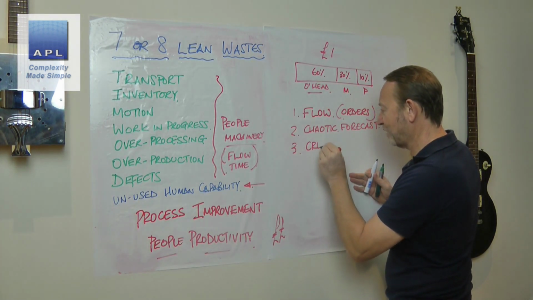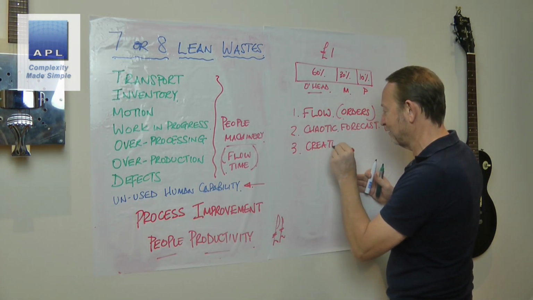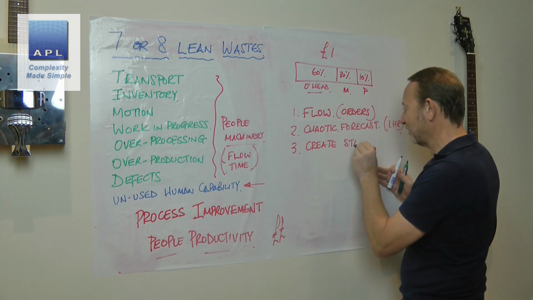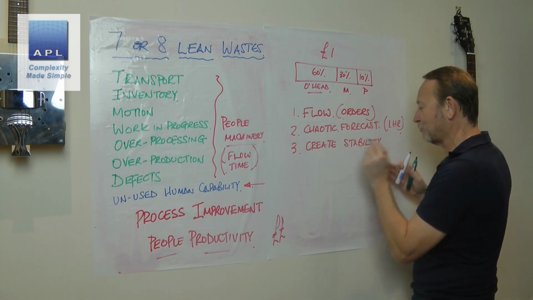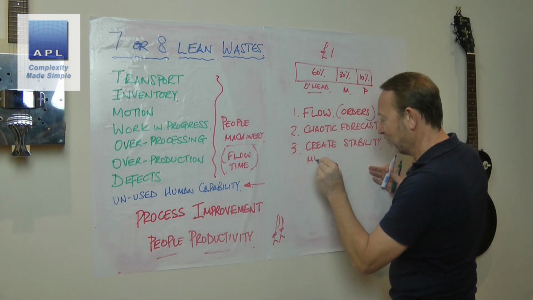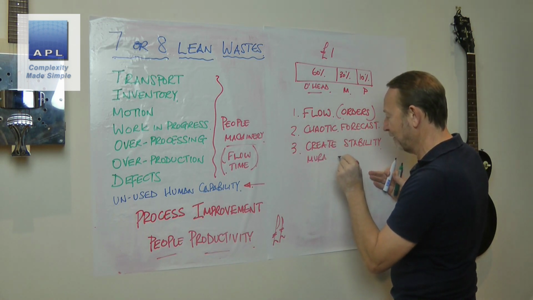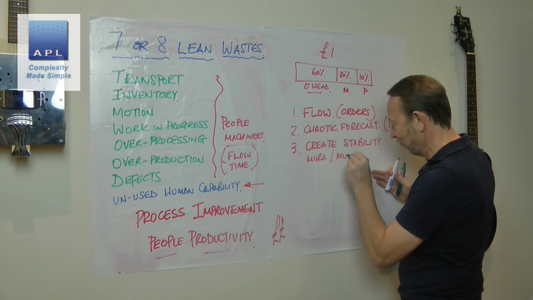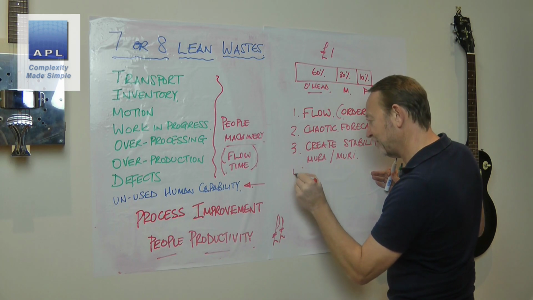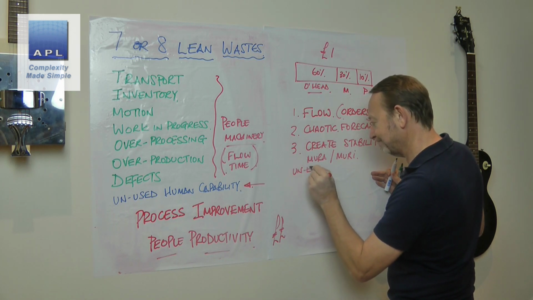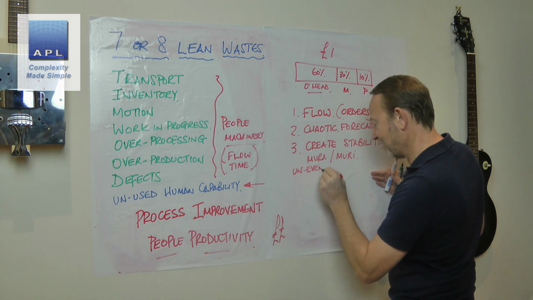Now, of course, to create stability, we have these 2 Japanese words. I wish we just used the words create stability, but we want to get rid of the mura and the muri. One is unevenness, variability.